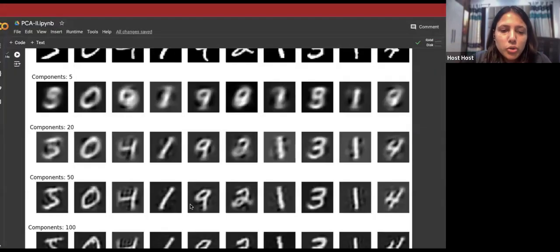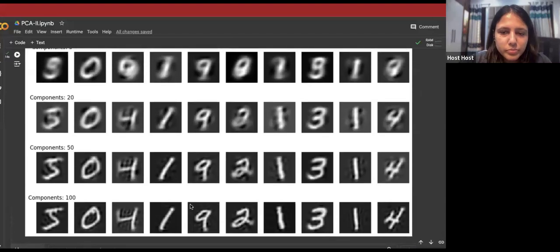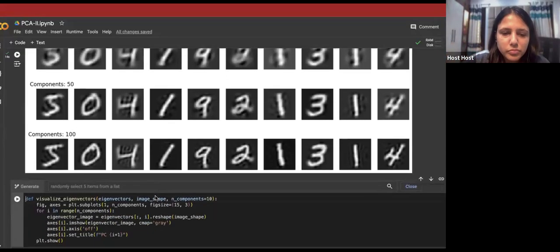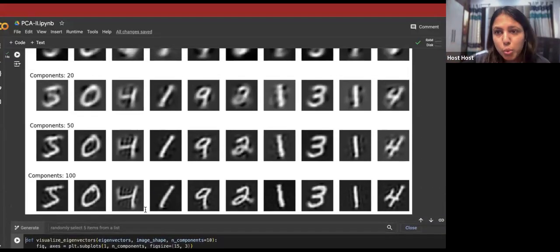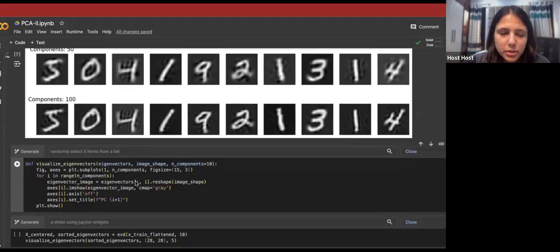You can see how we are able to project back the data once we have reduced the dimensionality of the data. Now, there is something else that you can do with the principal components.